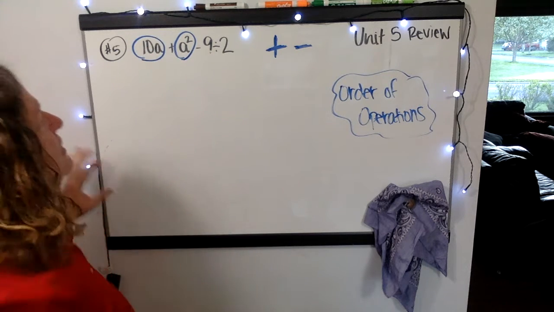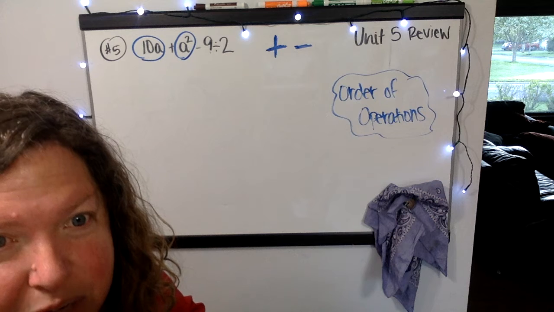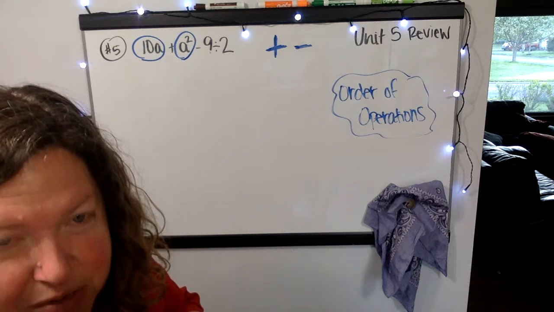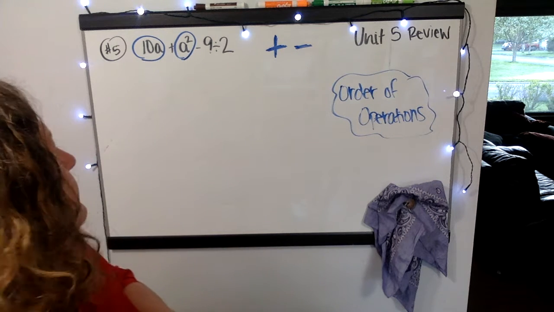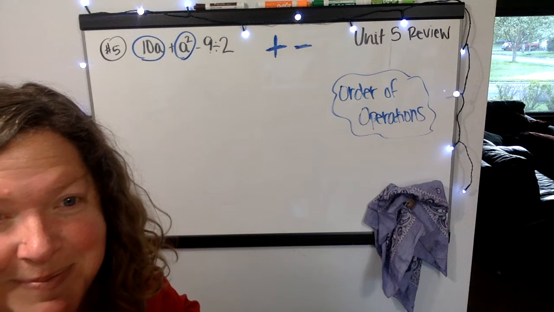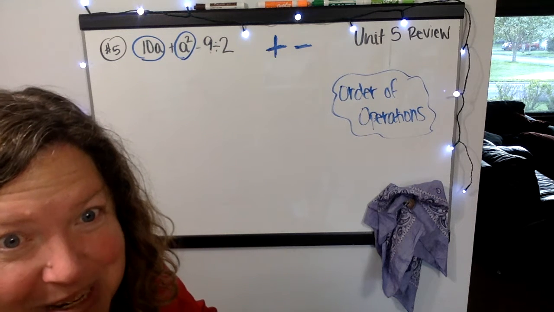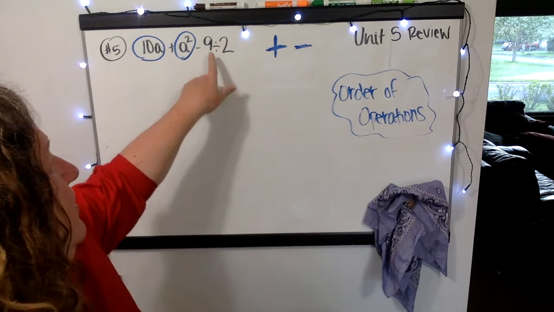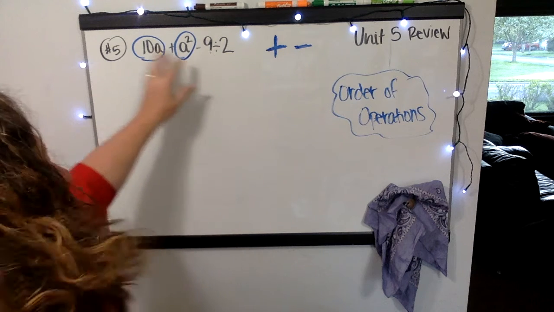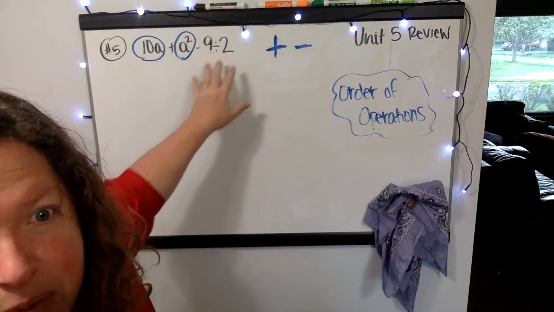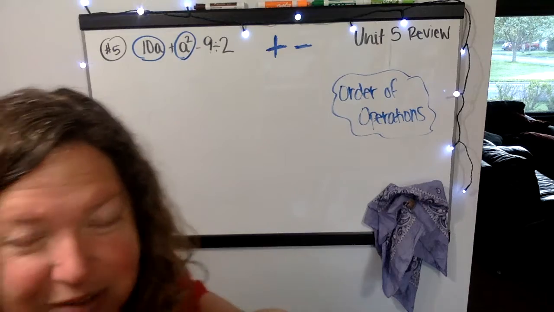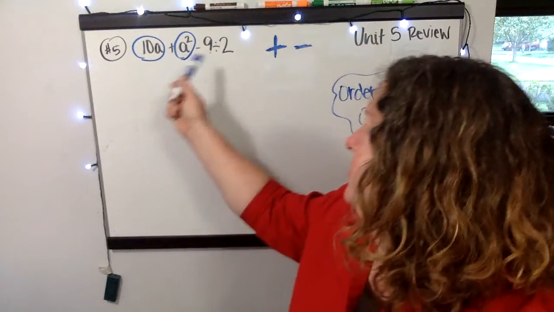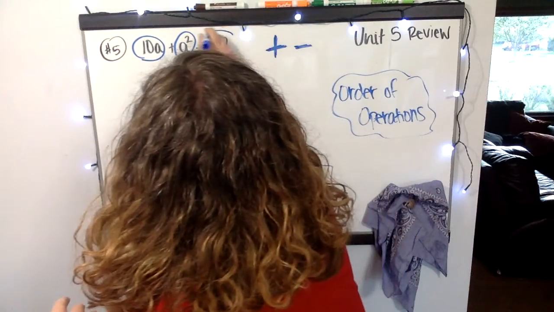So there's a multiplication problem, 10 times a mystery number, which we're calling A. Anything else? No, we still have something, don't we? 9 divided by 2. So we skip over all of this other stuff because we're looking for all multiplication and division problems from left to right. So 9 divided by 2.